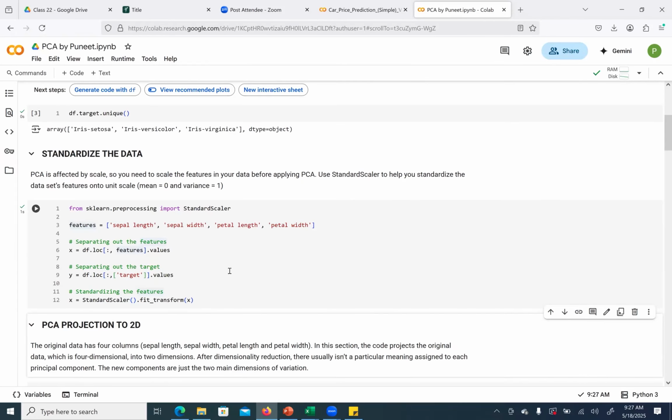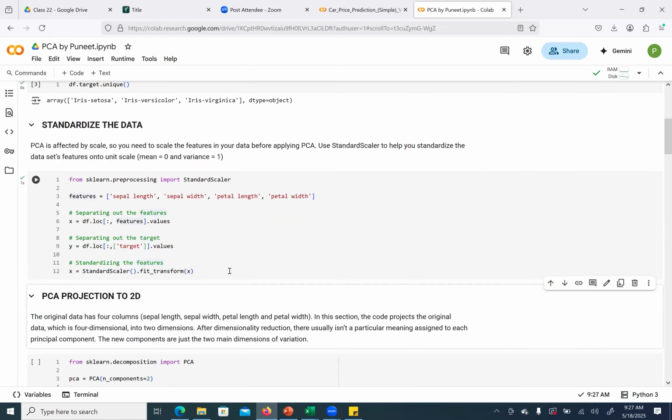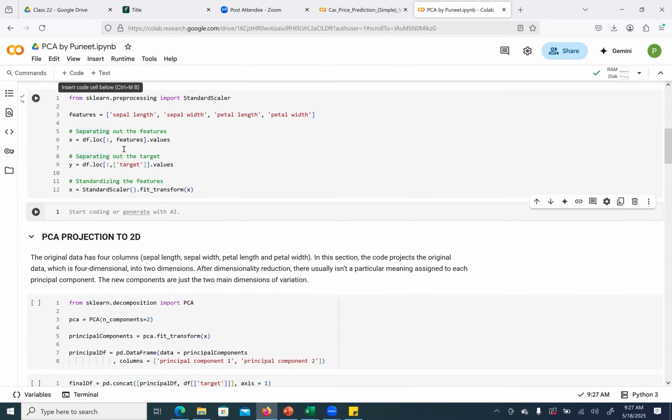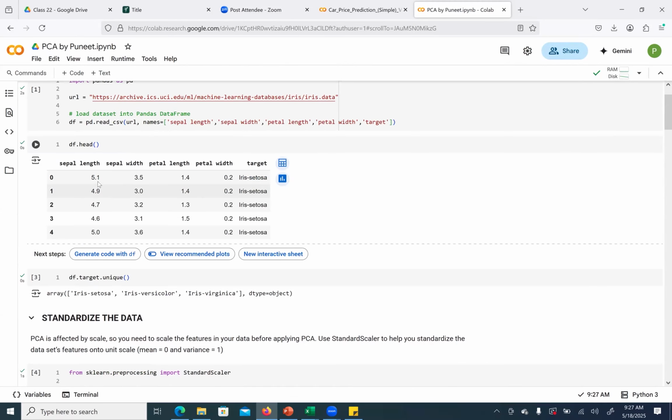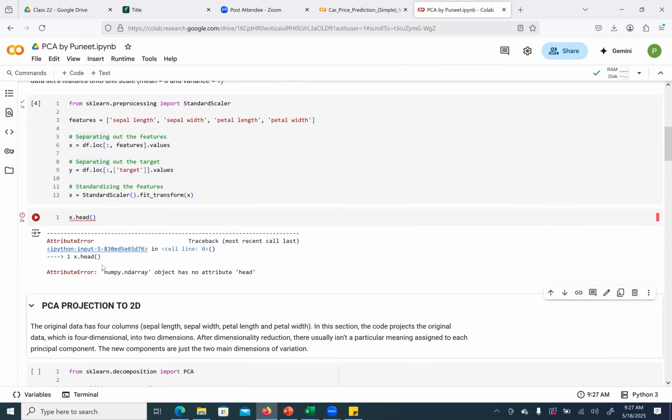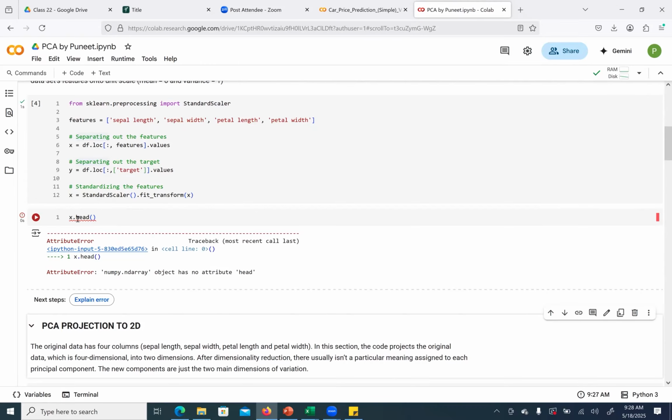Let's see here. What we have done is we have standardized the variables. Now, earlier, the values were like 5, 3, 1, 0.2, something like this. Now, if I look at standardizing the feature X. Oh, this is the array.